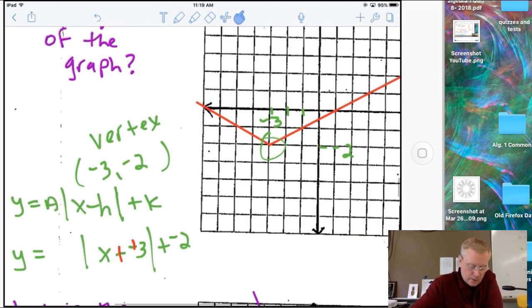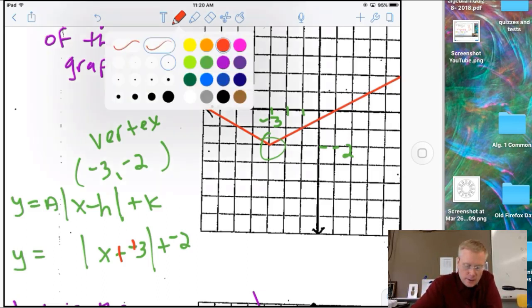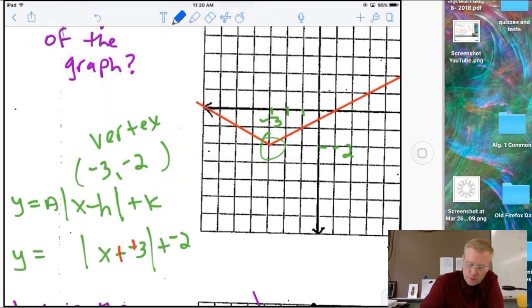Now, the other thing that we need to figure out is A. A is not upside down in this case, because if it was going that direction, an upside down V, then it would be negative. In this case, it's positive. But what's the slope of that line? The slope of those V's is going to tell you what A is. So if I, for a moment, just go rise over run, and hopefully you remember some of this from your math.